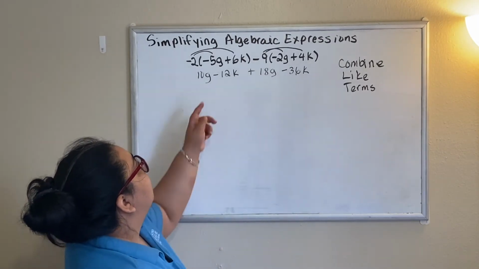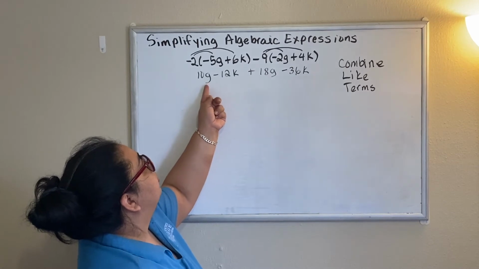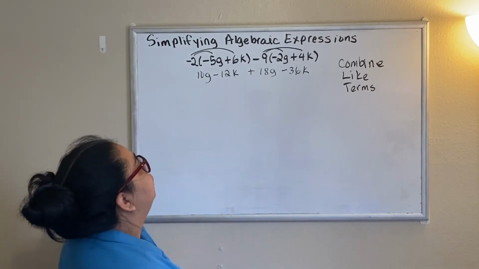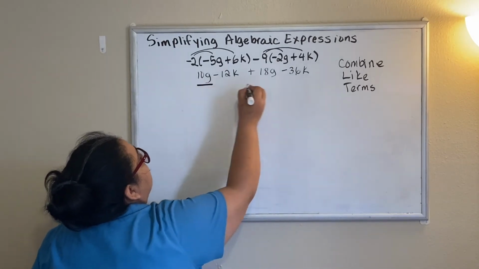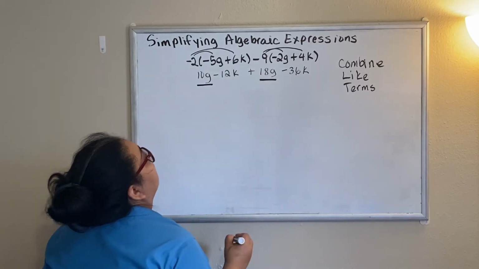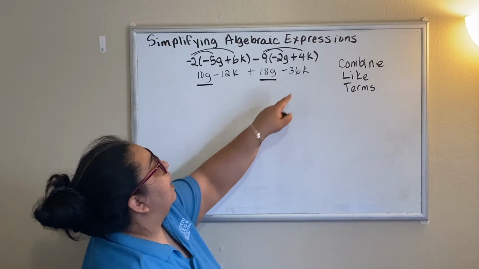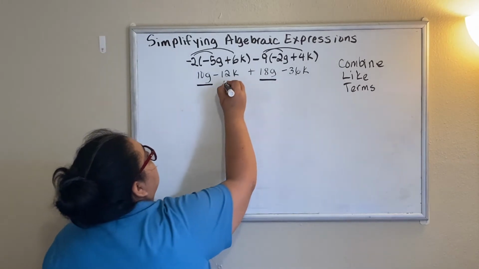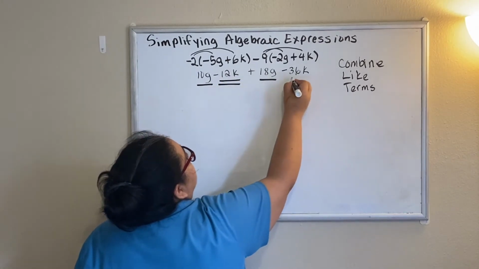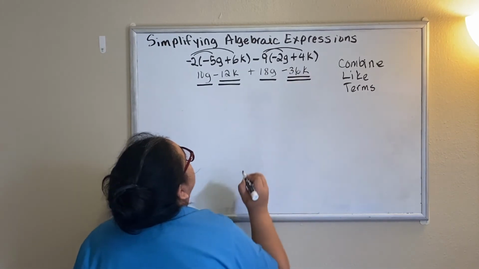And like terms have the same variable. So 10g and 18g are both like terms, so I'm going to underline them with one underline. And then negative 12k and negative 36k are also like terms, so I'm going to underline them with 2 underlines to show that those are different.